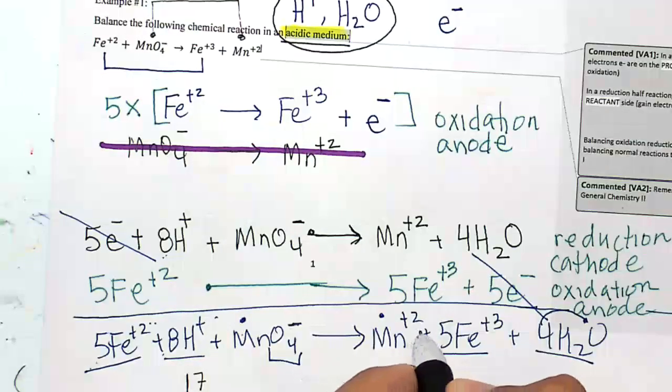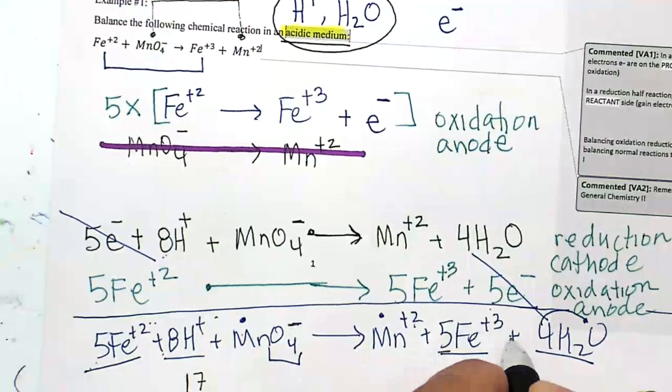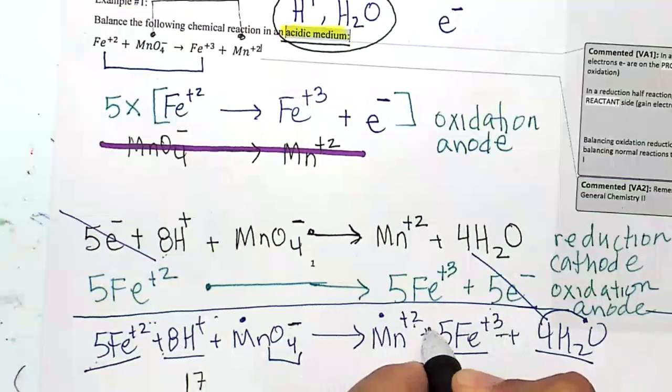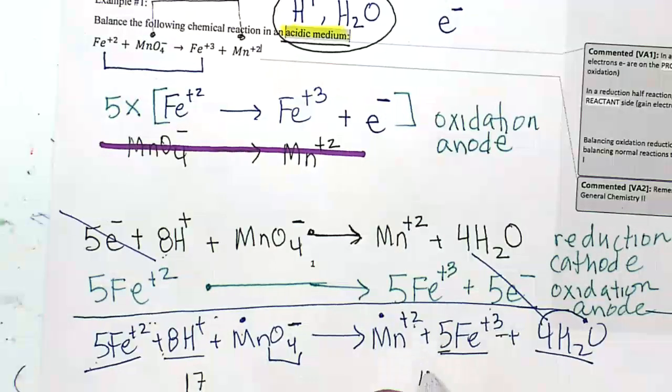Let's look at the product side. Plus 2 plus 15, 5 times 3 is 15, 15 plus 2 is 17. So I am mass balanced and charge balanced. This is the right answer. You want to make sure you balance out your charges when you balance an oxidation reduction reaction.